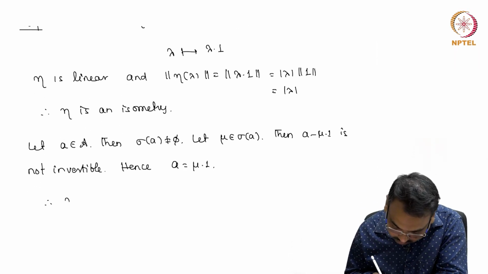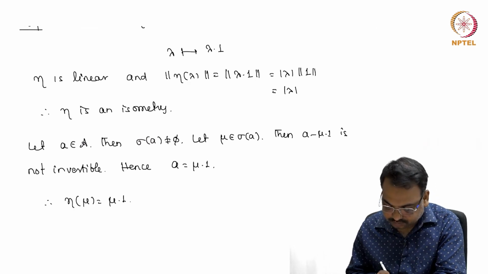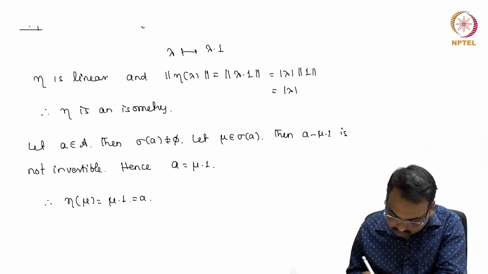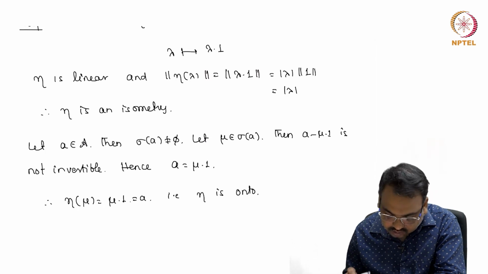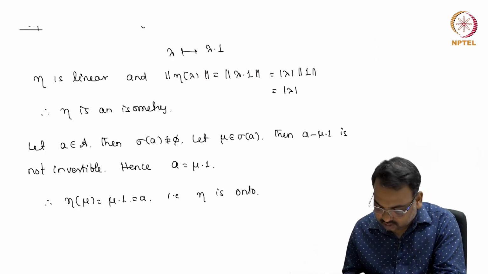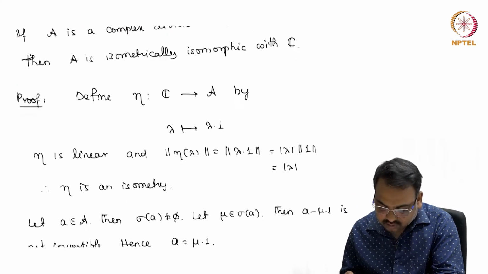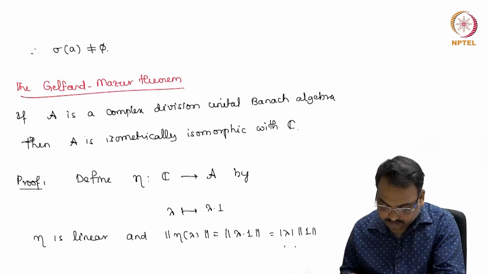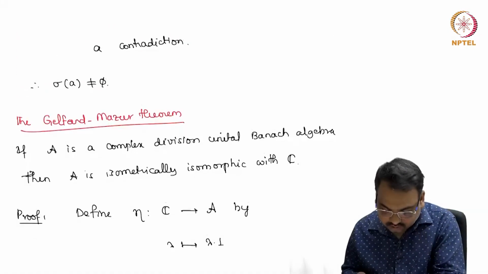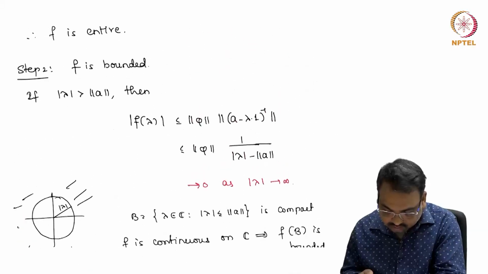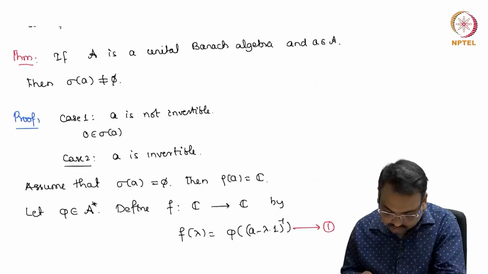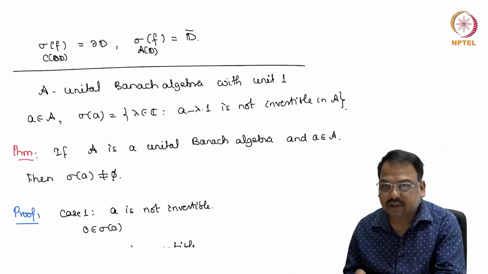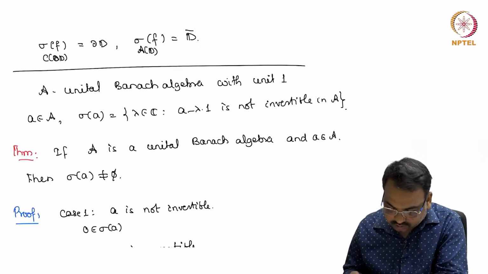So therefore eta of mu is exactly mu times 1, that is A. So eta is onto. We have shown that eta is an isometry, linear and onto. So this gives an isometric isomorphism from C onto A. This is one of the well-known results known as the Gelfand-Mazur theorem. Sometimes the first result that we proved is also known as the Gelfand-Mazur theorem.